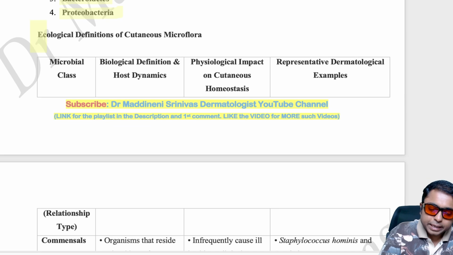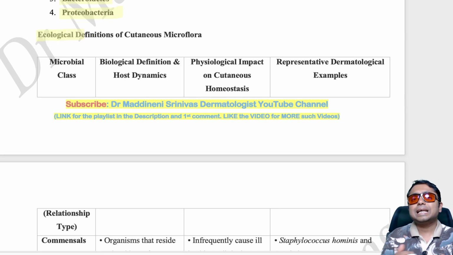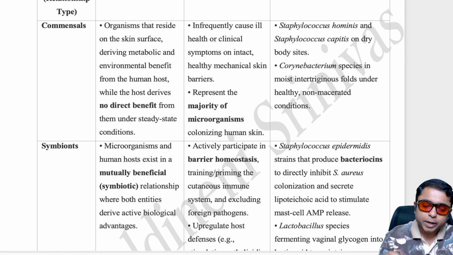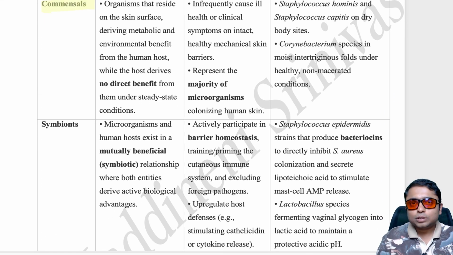Now coming to the ecological definitions of the cutaneous microflora. Before understanding the regional site-specific organisms, you should also know these important terms related to these microbiota. So what are commensals, what are symbionts and what are pathogens?